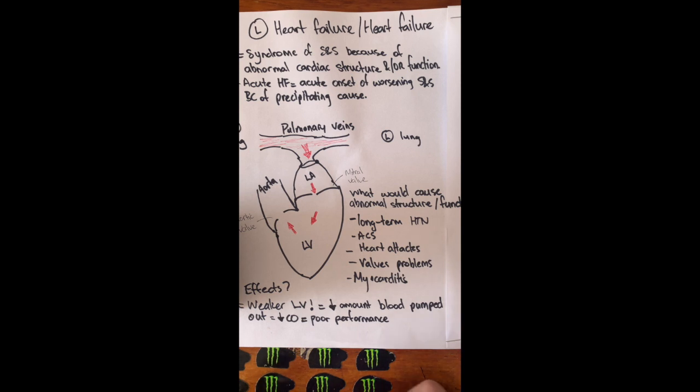Heart attack. So if someone's had a massive anterior lateral heart attack, anterior septal, or anterior myocardial infarction, where the left ventricle is taking the brunt of that, so whatever blood vessel was supplying the left ventricle, usually the left anterior descending artery, that has become occluded.